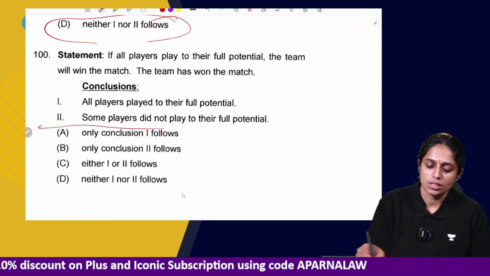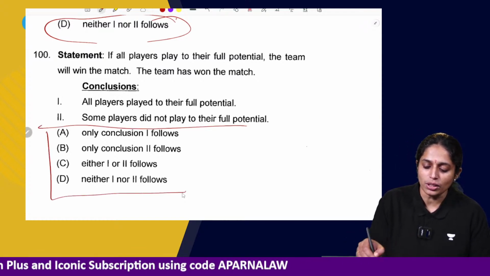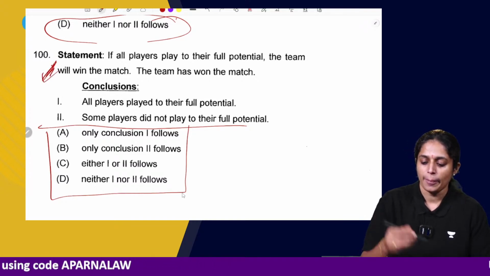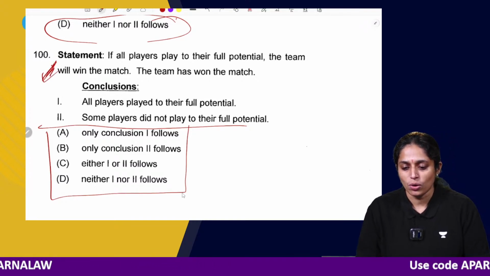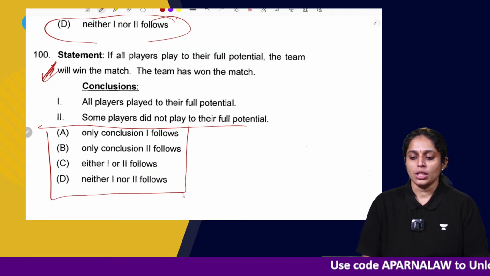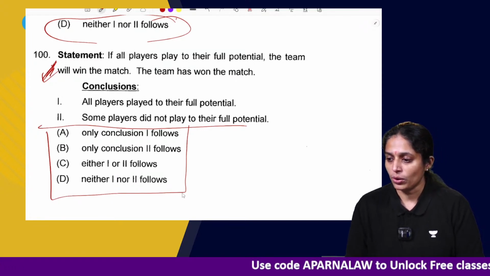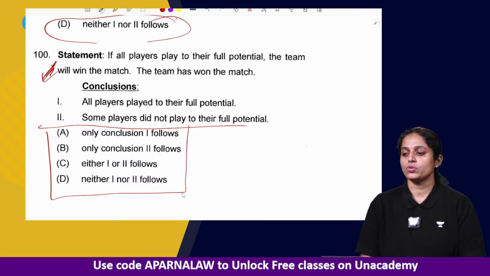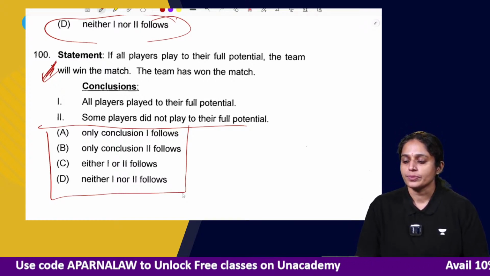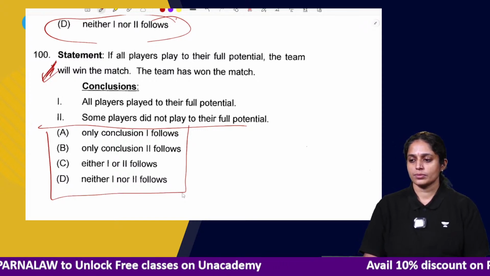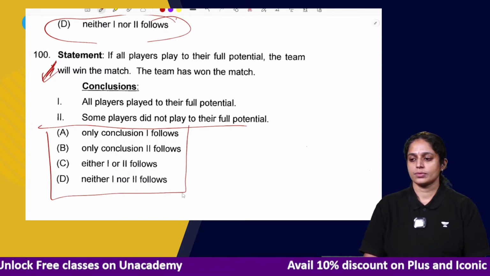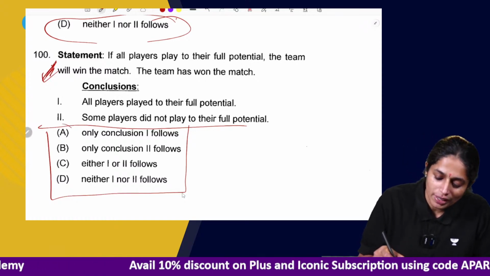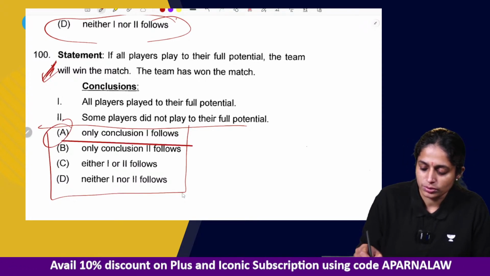Now you have to find out which conclusion follows from this statement. A. only conclusion 1 follows, B. only conclusion 2 follows, C. either 1 or 2 follows, or D. neither 1 nor 2 follows. So it is A, only conclusion 1 follows.